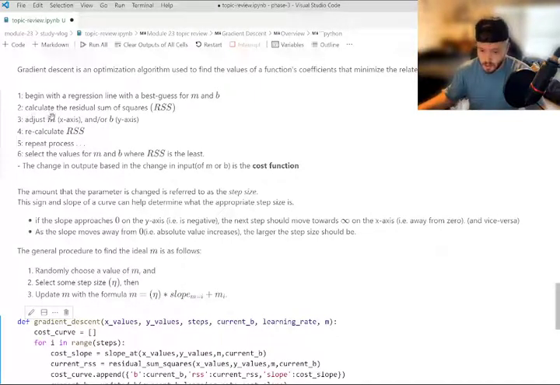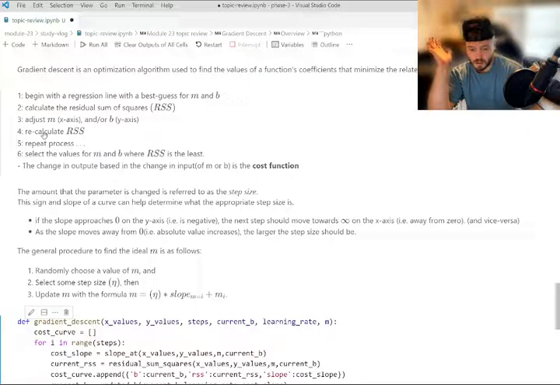So you calculate the residual sum of squares for that regression line. I've done that in past videos before if you're wondering what that is. You adjust M if you're trying to adjust along the x-axis, or you adjust B if you're trying to adjust along the y-axis. You recalculate your residual sum of squares, and you repeat this process. And you select the values for M and B where your RSS is the least.